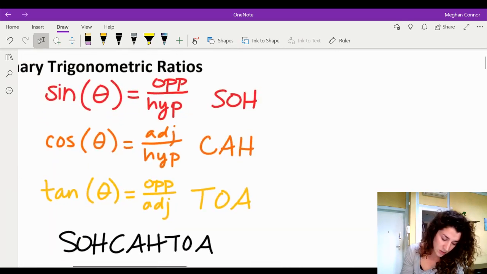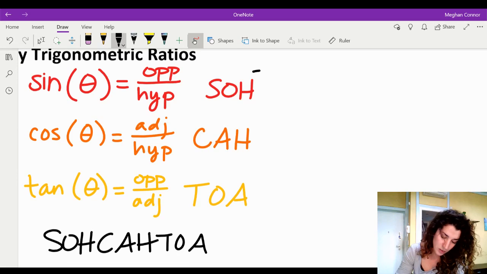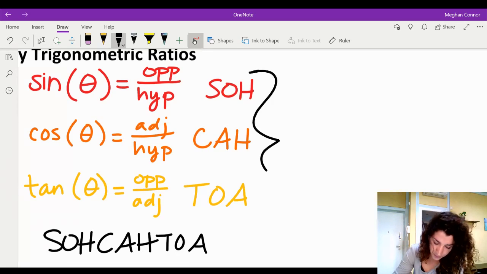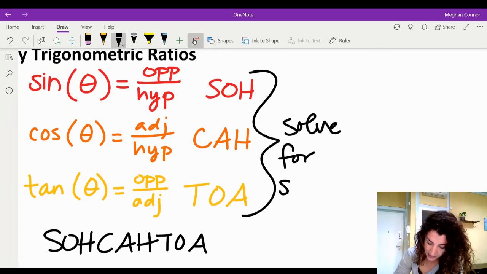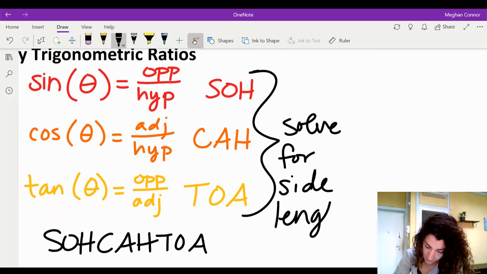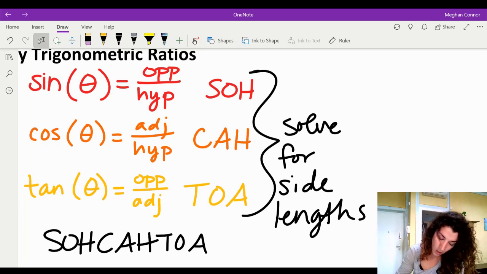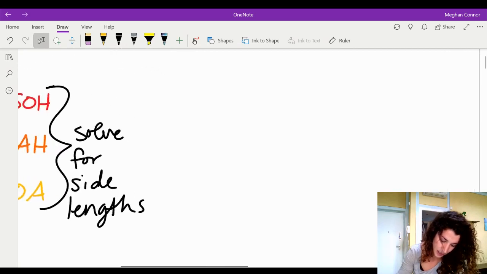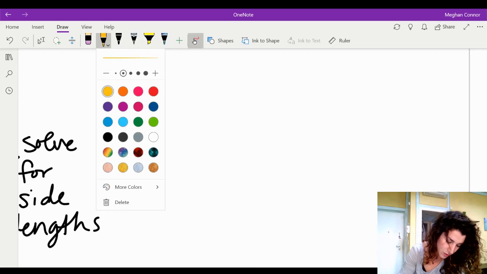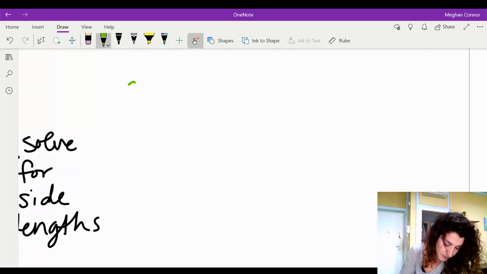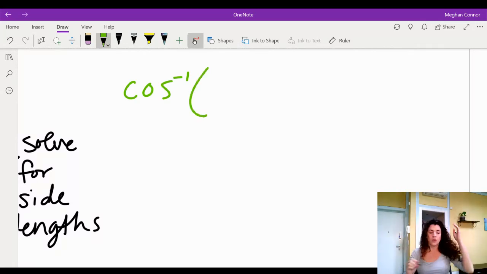We use these for the most part to solve for side lengths. We also use something else that's called your inverse trig relationships. Your inverse, not cosine.